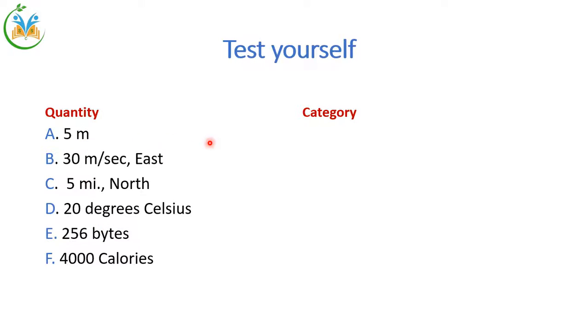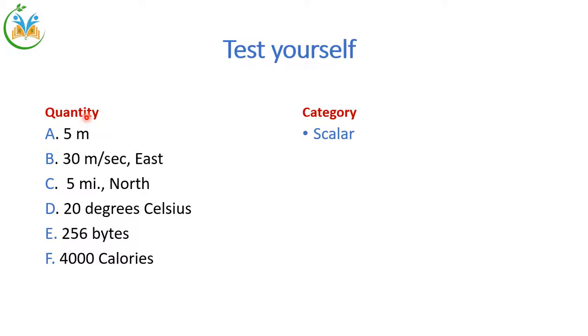So tell me, 5 meter, is it a scalar quantity or vector quantity? Yeah, absolutely, it is a scalar quantity. See, 5 meter, there is no direction. If I ask you 5 meters where? In east, west, south, north, or left or right. So it is a scalar quantity.